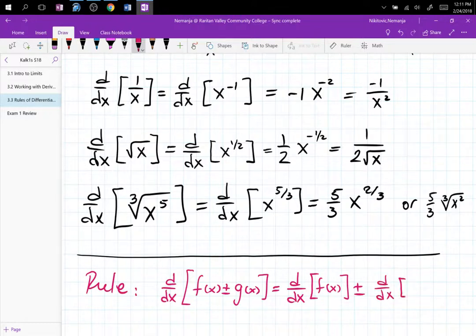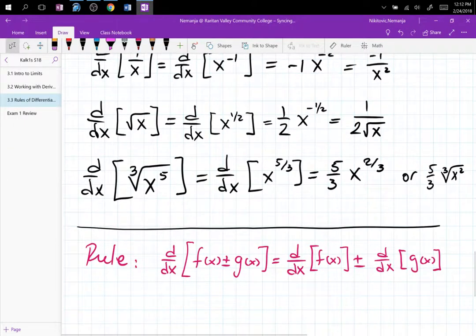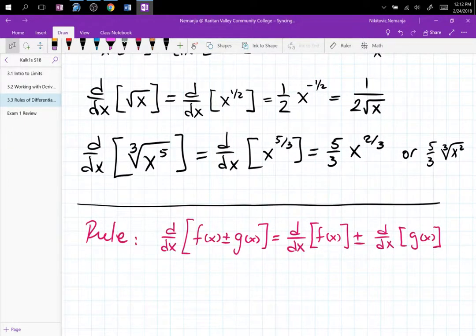We had this rule for limits. This allows you to deal with multiple terms, term-wise. So what is the derivative of x to the 6 plus x cubed minus 9?